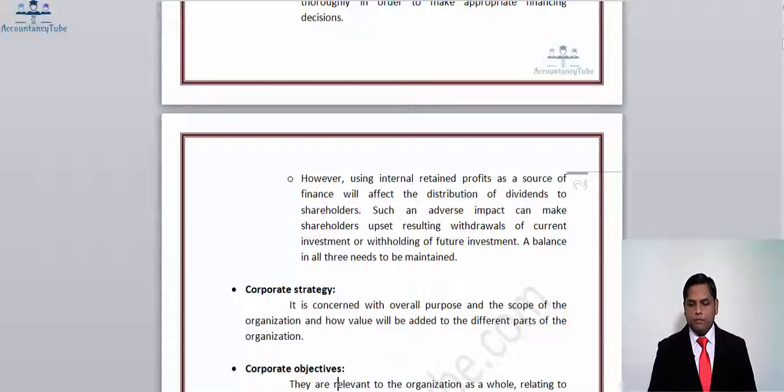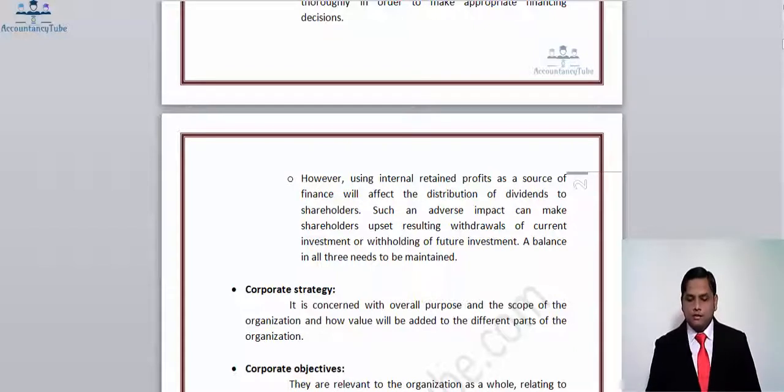However, using internal retained profit as a source of finance will affect the distribution of dividends to shareholders. Such an adverse impact can make shareholders upset, resulting in withdrawal of current investments or withholding of future investments. A balance in all three needs to be maintained.